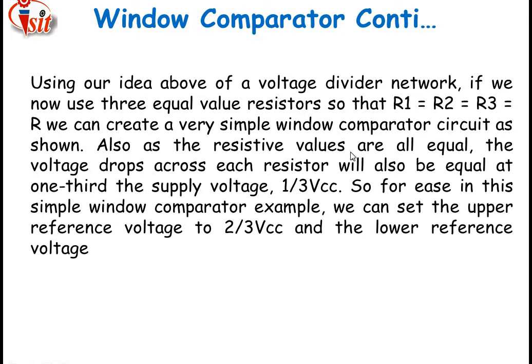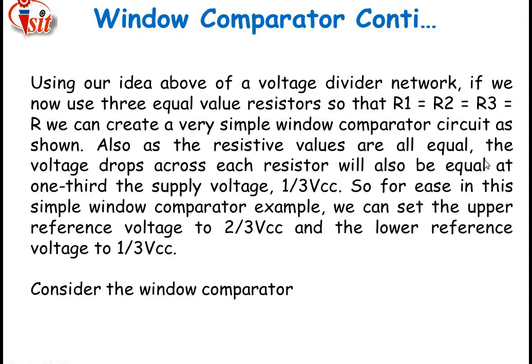Also, as the resistive values are equal, the voltage drop across each resistor will also be equal at 1/3 the supply voltage, that is 1/3 VCC. So in this simple window comparator example, we can set the upper reference voltage to 2/3 VCC and the lower reference voltage to 1/3 VCC. For that purpose, there is a basic difference between upper threshold voltage and lower threshold voltage.